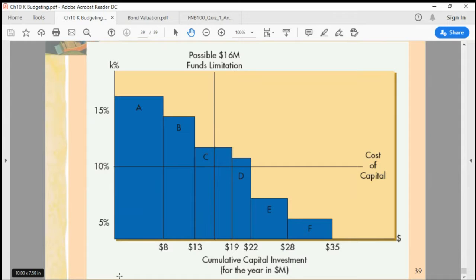Okay, so this is capital rationing. Of course, if you have an unlimited budget, if there's no budget constraint, we can fund 4 projects, A, B, C, and D, right? But with the budget constraint, it's only rational to kick out project C and include project D. All right, that makes sense?